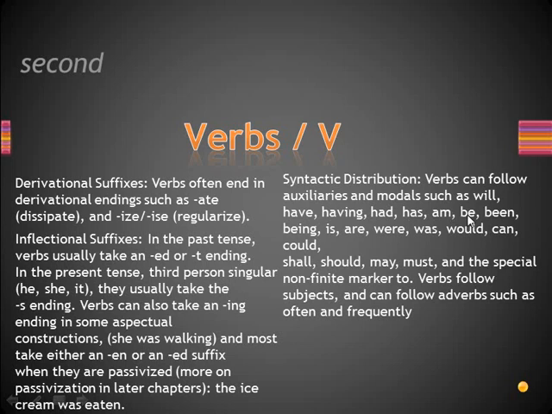To be, do, does, did are also auxiliaries. So if you find auxiliaries in a structure, you may find verbs afterward. And if you find modals, you may also meet a verb after that.